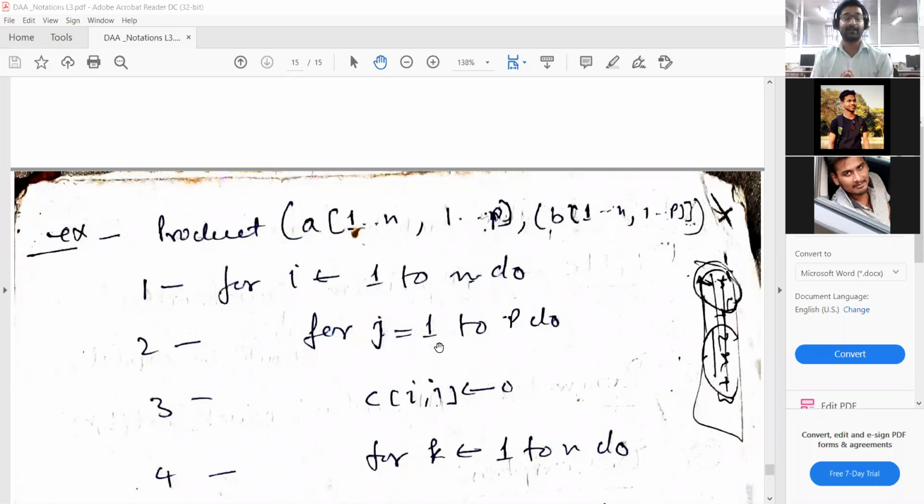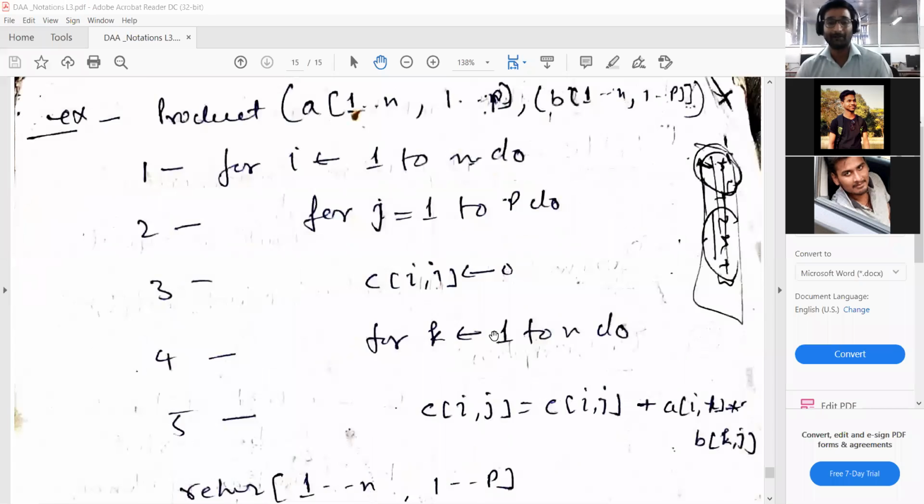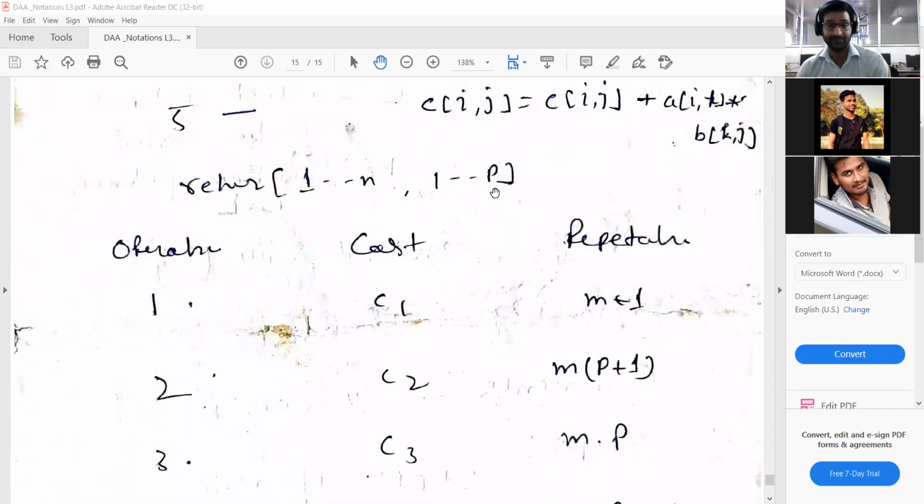So that's why if you're trying to find out the complexity of any kind of algorithm, you must be able to understand how many times that loop is being repeated, or how these things are working to produce the given output. This is one approach to find out the complexity of a given algorithm by using the cost approach.